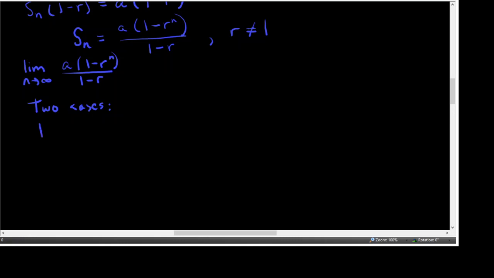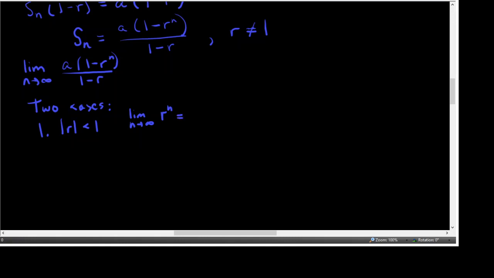One, what if the absolute value of r is less than 1? Well, in that case, the only part that's changing, and I'll come back to the original problem in a minute, is the r to the nth.